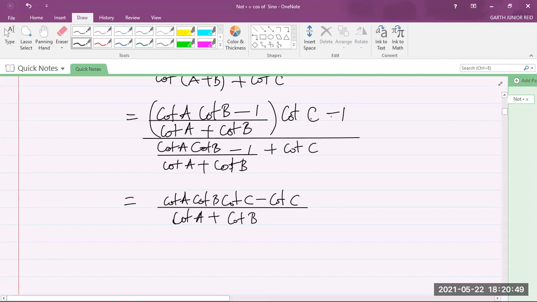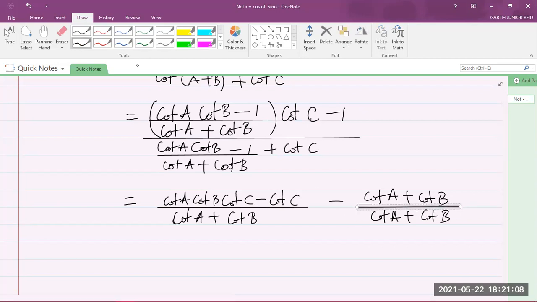I'm going to rewrite the one now in one step. We know that this is going to be the cot of A plus the cot of B divided by the cot of A plus the cot of B. It's just rewriting the 1 there so that I can subtract the fractions. And I'm dividing all of that.